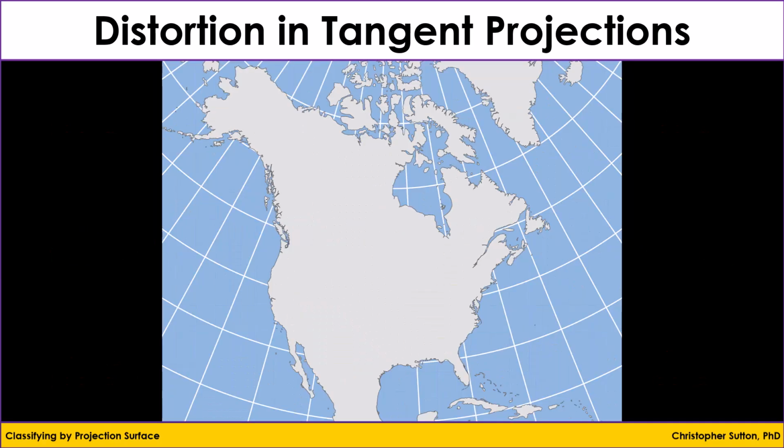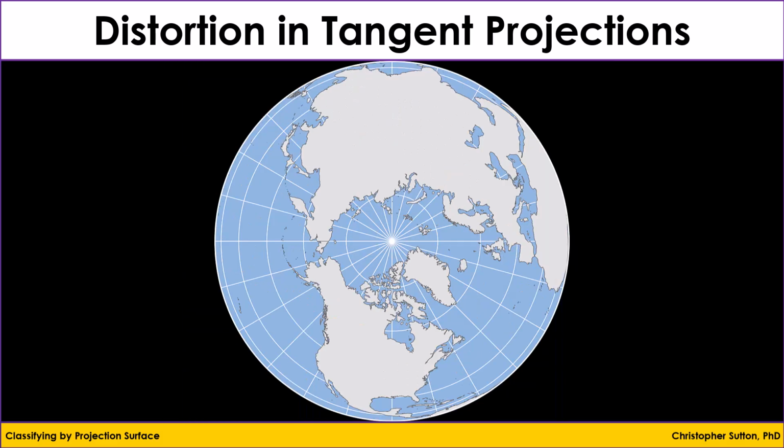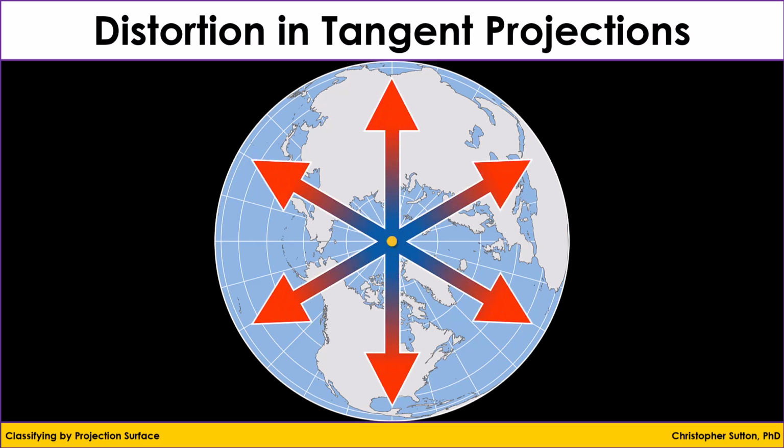In this tangent conic projection, the standard line is in the mid-latitudes. Like with the cylindrical projection, distortion increases with distance from the standard line. In this planar projection, the developable surface is tangent at a single point. There is no distortion at the point of contact, and distortion increases with distance from that point.